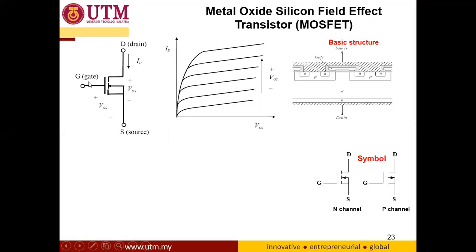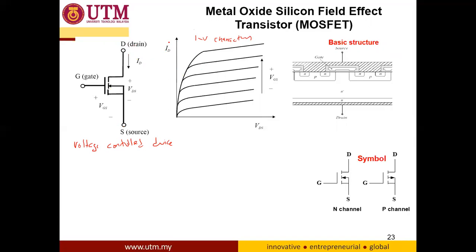So this device is referred to as a voltage control device. Okay, and this is the output side of the transistor. So this is your IV characteristic, or IV curve.